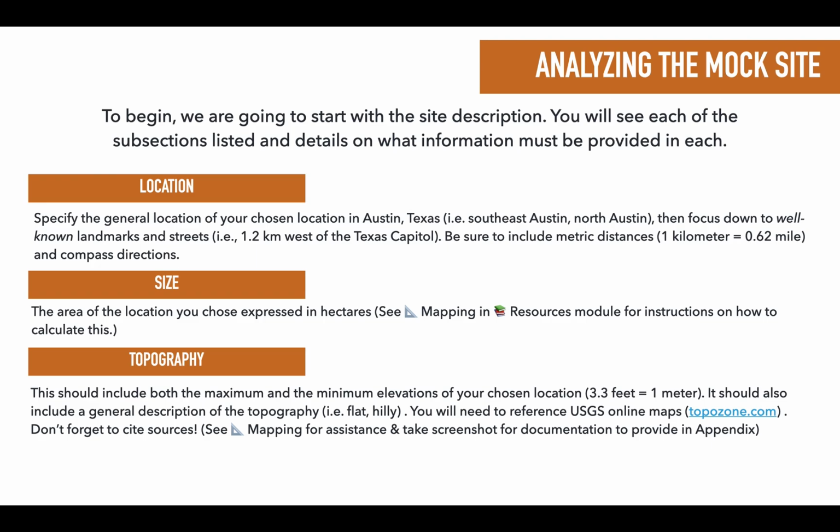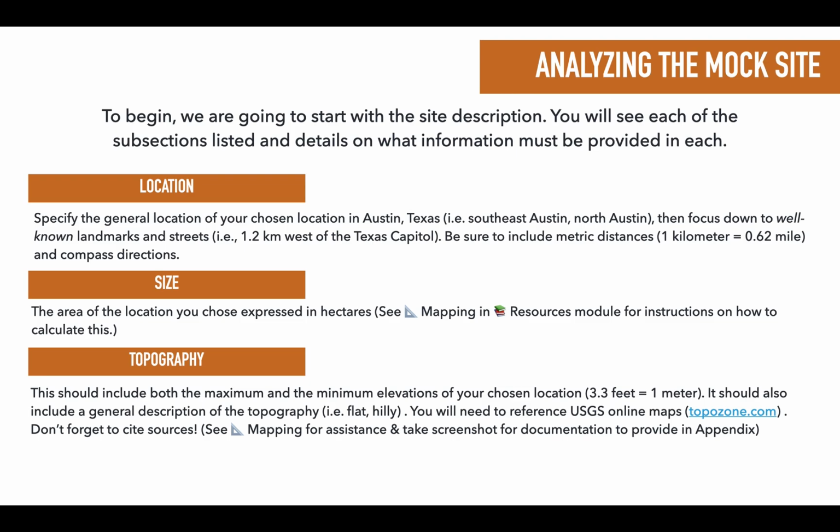That might be the University of Texas. It might be the bell tower of the University of Texas. It might be downtown. Any of those items that are available to you. And then you're going to calculate that distance using Google Maps. At any point in this time, there is a mapping page located in the resources module that describes how you can use Google Maps to figure out this information.